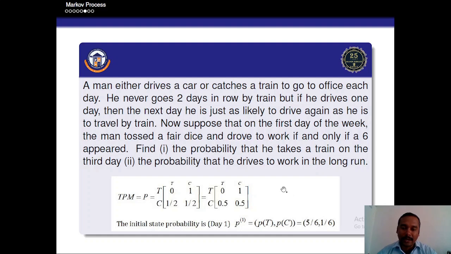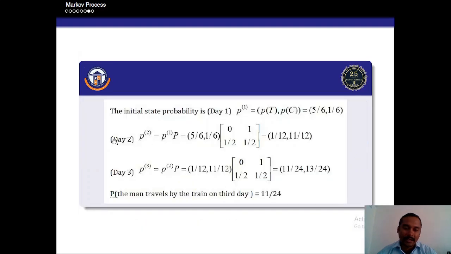Next, find the second day possibilities. That is day 2, p square. It is defined by the formula using the previous value. Now remember the concept of the Markov chain: the future value depends upon the present value, not on the first one.